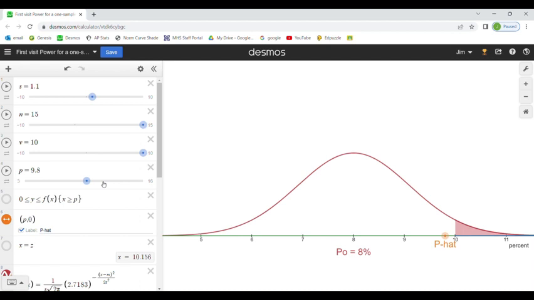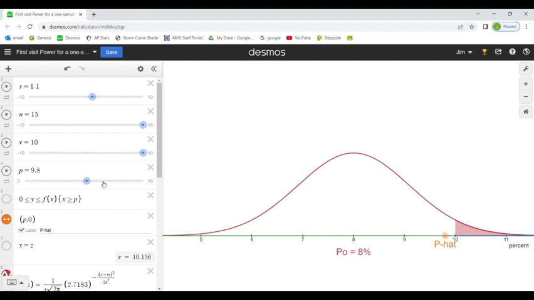So if our p hat just happens to fall right above a 10% blemish rate, if our sample comes in at 10% or a little bit higher, then the probability we would get that extreme or one more extreme than about 10% is pretty low.